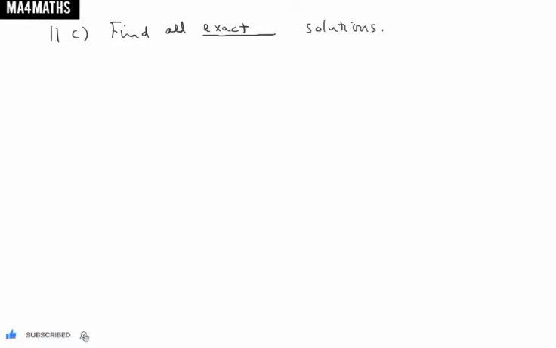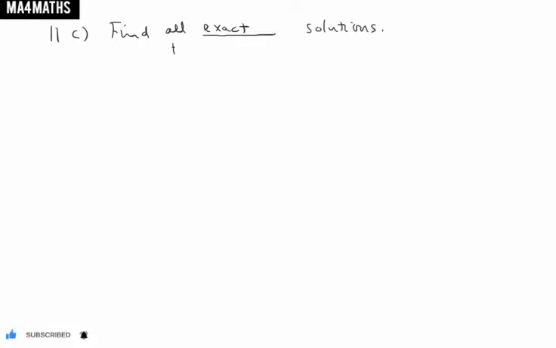So we're going to do 11. And what was 11 now? 11C, right? I believe. So we shall do C. And so they ask you to find all exact solutions. The keyword here is exact. So that calculator business wouldn't really work.